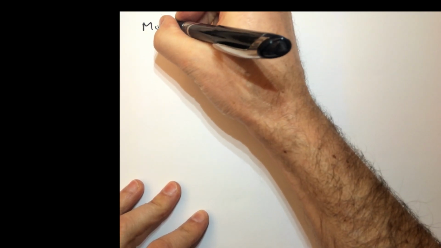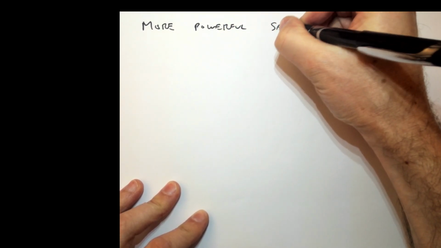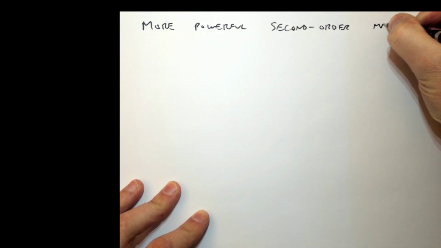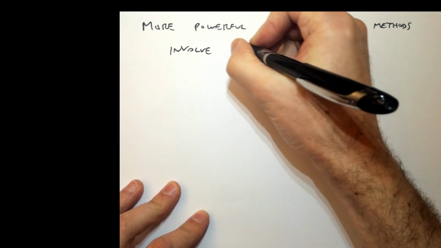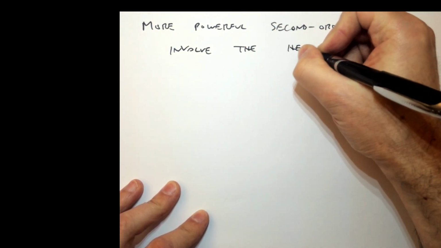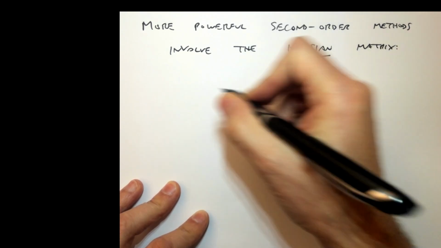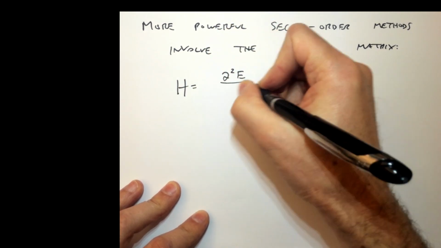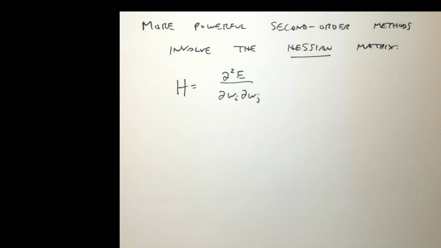So there are more powerful methods, and some of these are called second order methods, and they involve what's called the Hessian matrix, which is basically the matrix of second partial derivatives against all the weights, right?